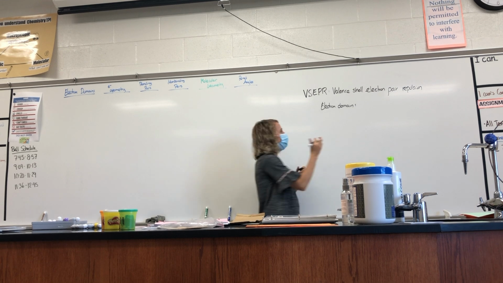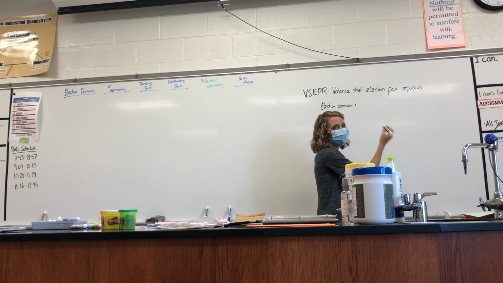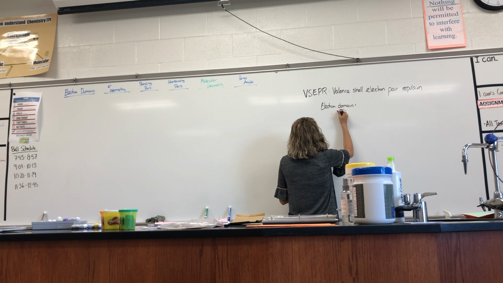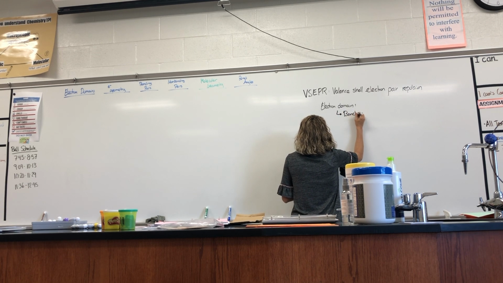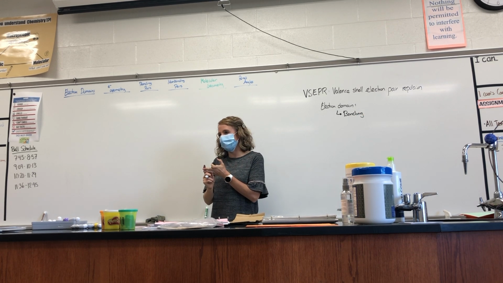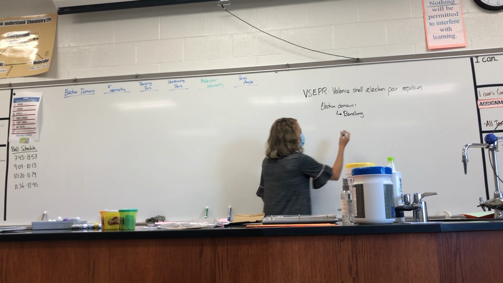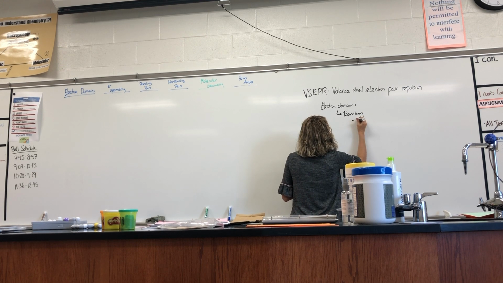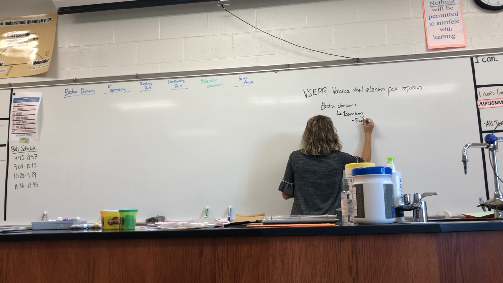We have 2 types of domains. We have bonding domains and non-bonding domains, okay? A bonding domain means a single, a double, or a triple bond, okay? Sorry, there's not tons of room on your paper for this.